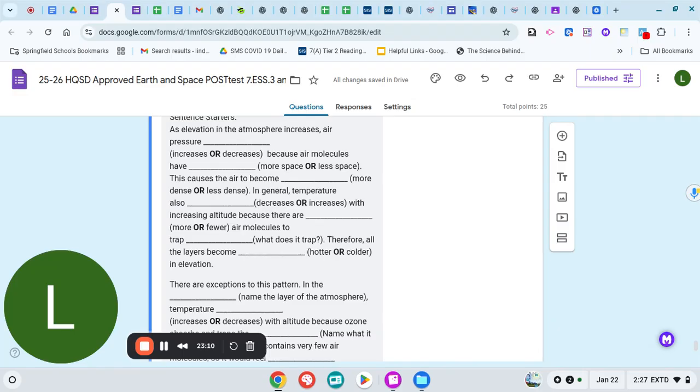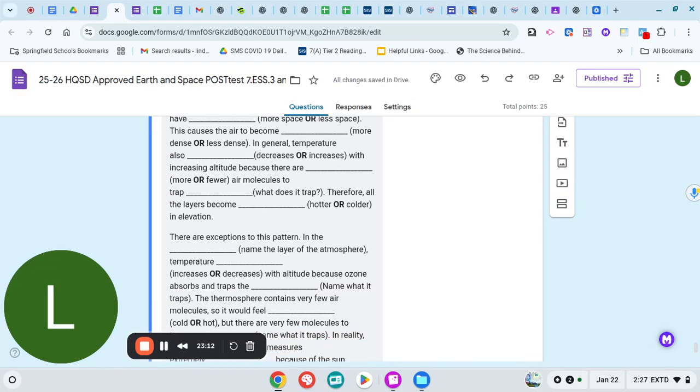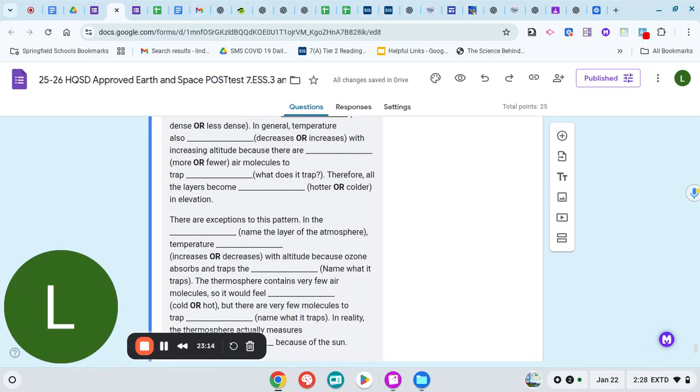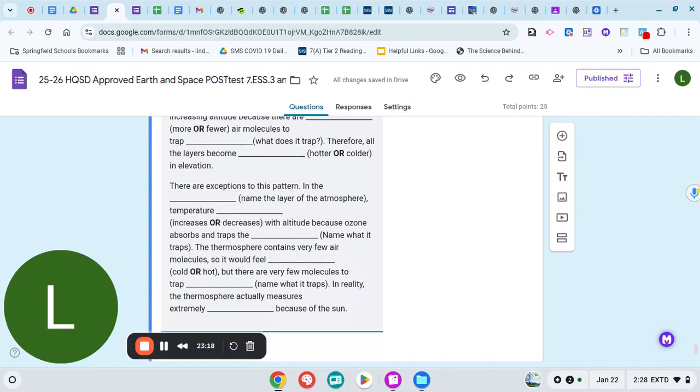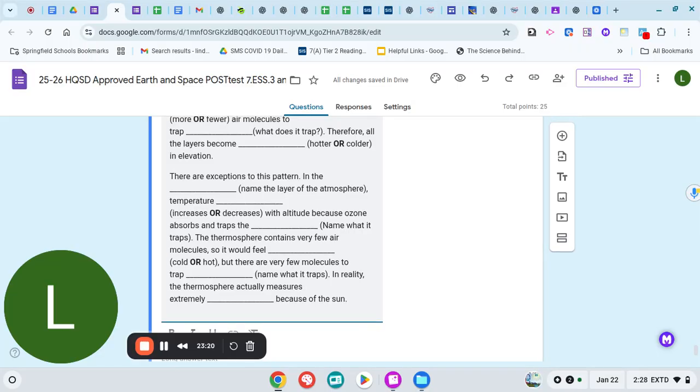Therefore, all the layers become hotter or colder in elevation. There are exceptions to this pattern. In the blank layer of the atmosphere, temperature increases or decreases with altitude because ozone absorbs and traps the blank. The thermosphere contains very few air molecules, so it would feel cold or hot, but there are very few molecules to trap blank. In reality, the thermosphere actually measures extremely blank, hot or cold, because of the sun, period.